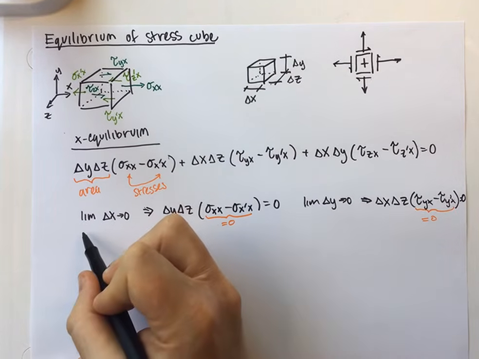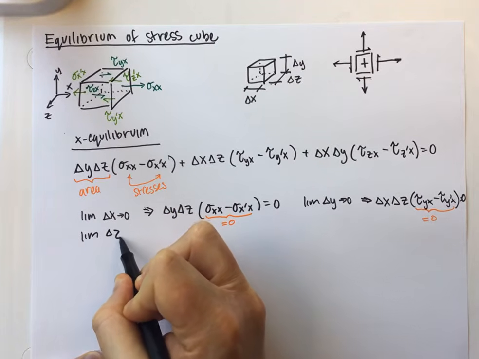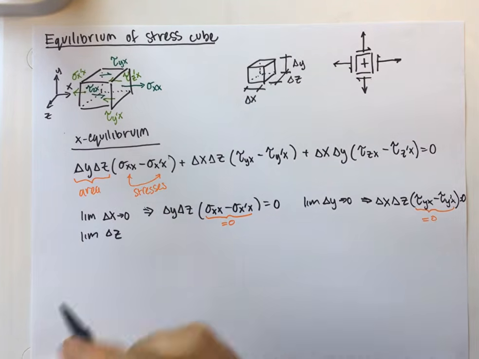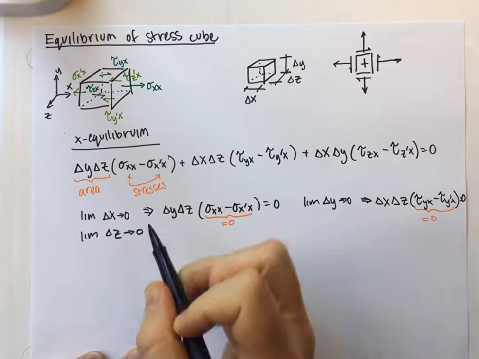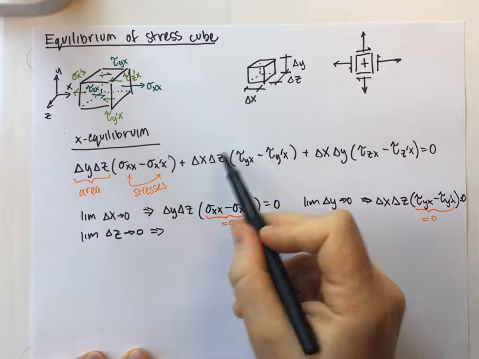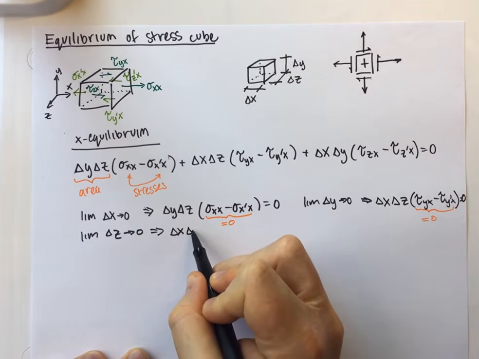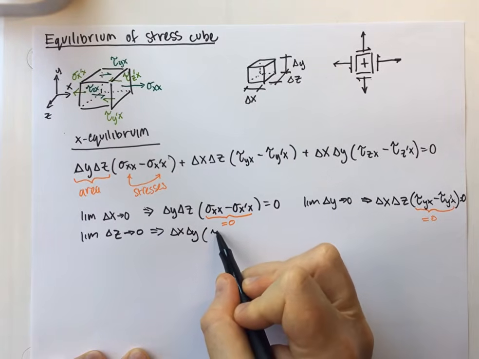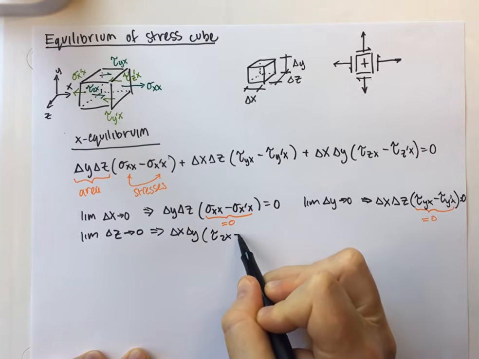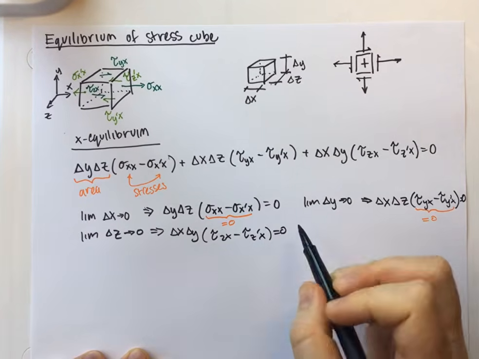And just for completeness, we'll do the same thing here for z. And as delta z goes to 0, we're going to say, okay, this term goes away, that term goes away. We're going to get delta x, delta y times tau zx minus tau z prime x equals 0.